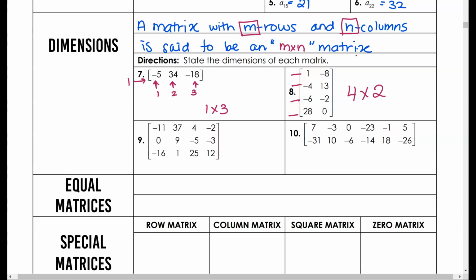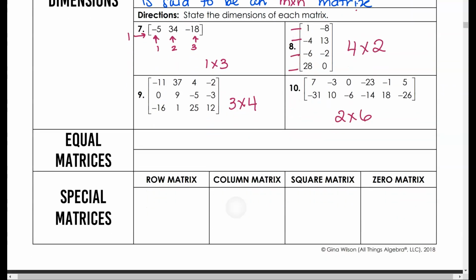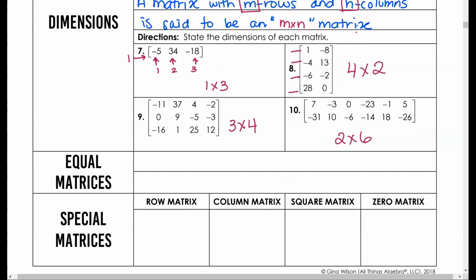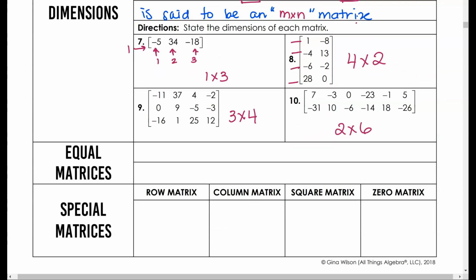Over here I have 3 rows by 4 columns, so it's going to be a 3 by 4. And lastly, here I have 2 rows by 6 columns, so I have a 2 by 6. So this is how we state the dimensions of a matrix. If we ever say a 3 by 3, that's saying 3 rows, 3 columns.